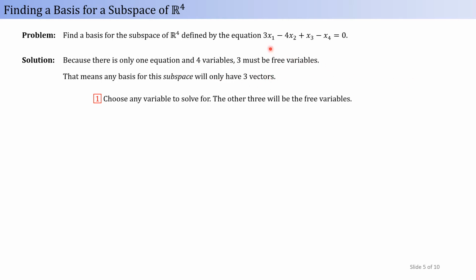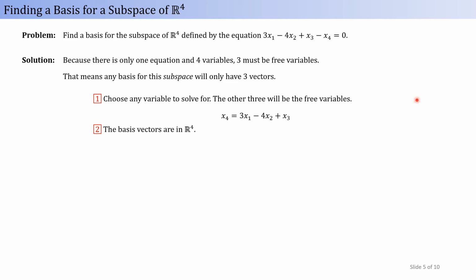So when I look at this equation, I'm thinking if I put the negative x4 on the right side, it will become positive x4, and it just makes it easy to solve for x4. So that's what I'm going to do. I'll solve for x4. That means that x1, x2, and x3 are going to be my free variables. Remember, we are coming up with a basis for vectors in R4.